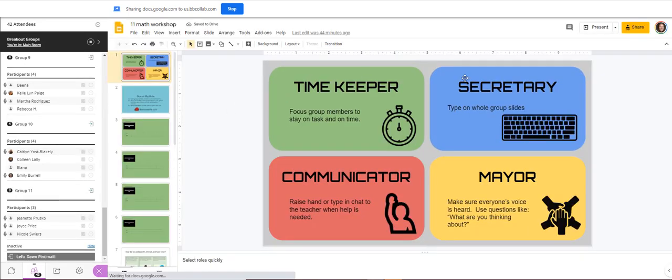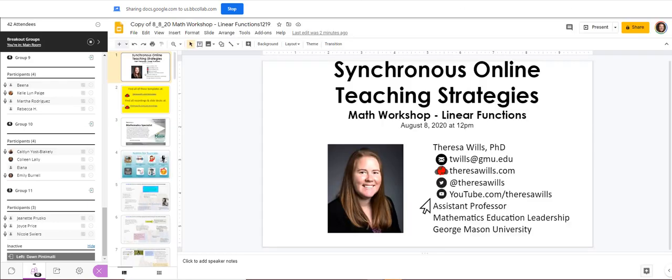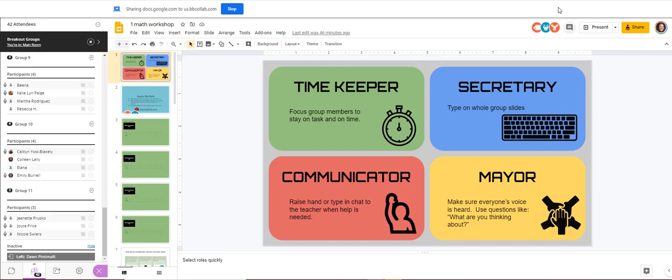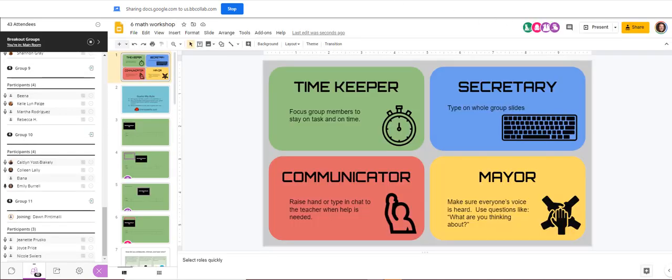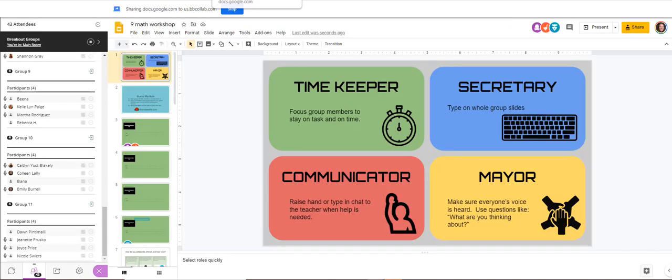I can also now check the top of each of these groups, make sure that there looks like there's about 3 to 4 people in them, so I know that the groups are in their slides. I'm just checking these avatars here to make sure people are in it. And it looks like group 11 doesn't have anyone, so I'm going to go in there and check on them.